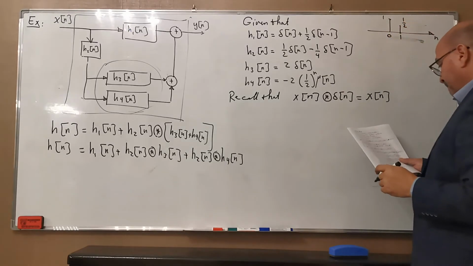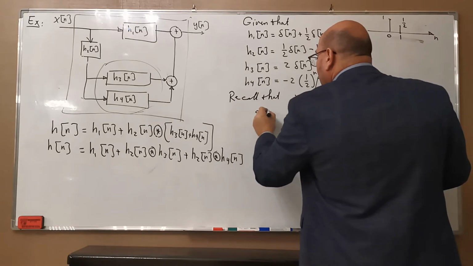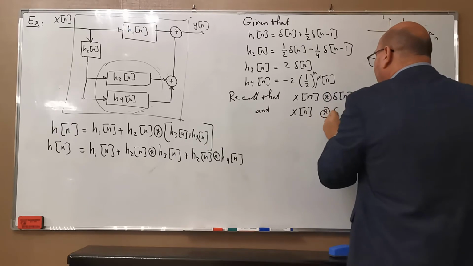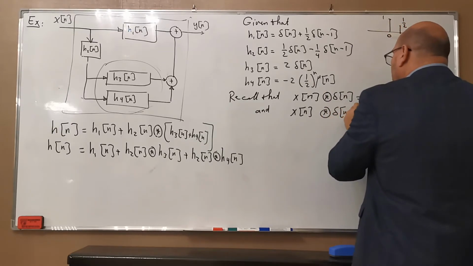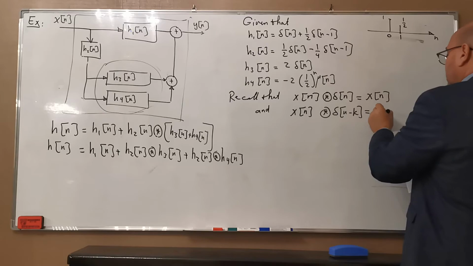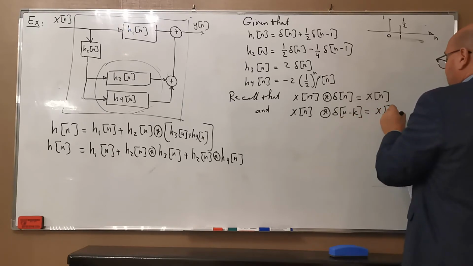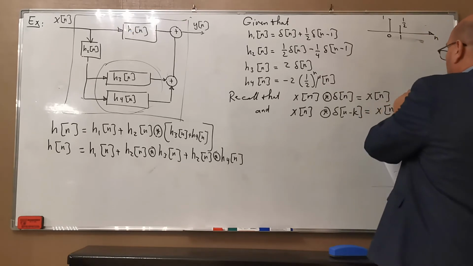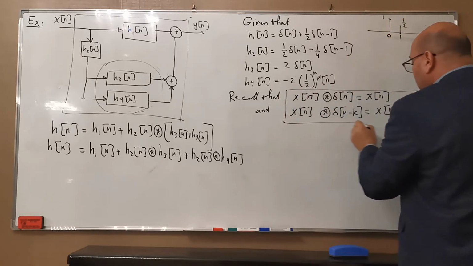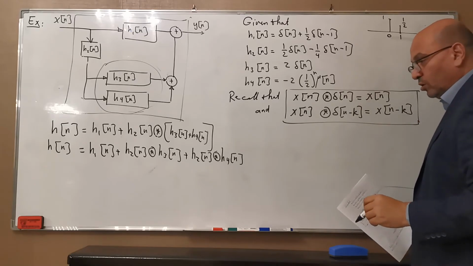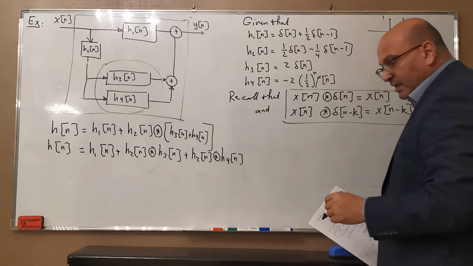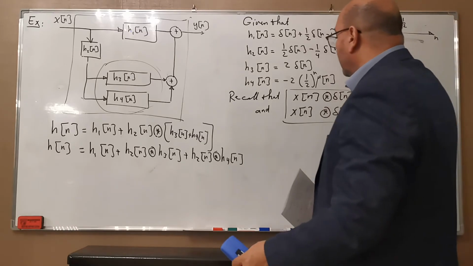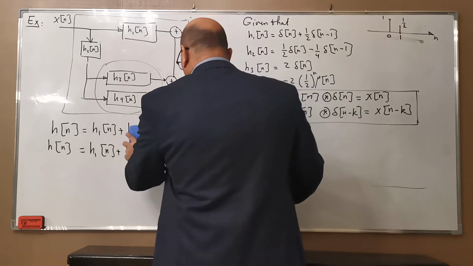And any x of n convolved with a shifted delta is also equal to a shifted x of n, at the same location of the delta. Those are very easy to show. You can take any x and convolve it with a delta, and you will end up with x of n itself.